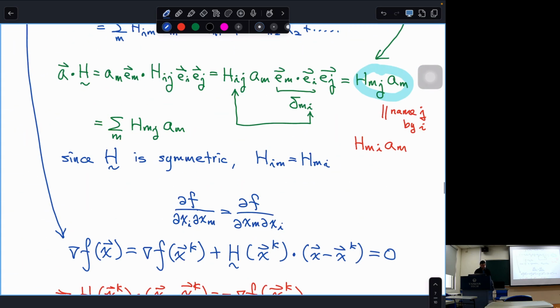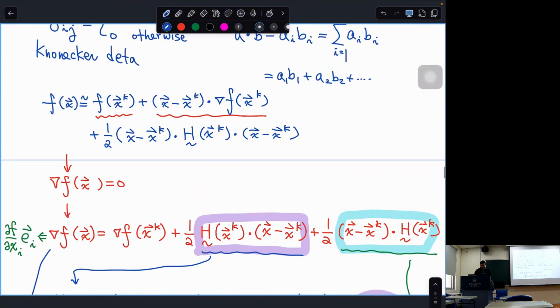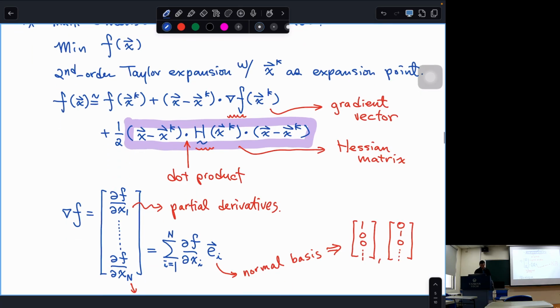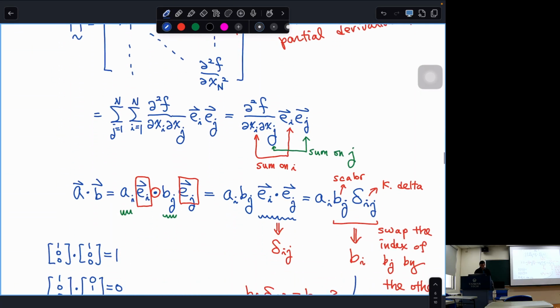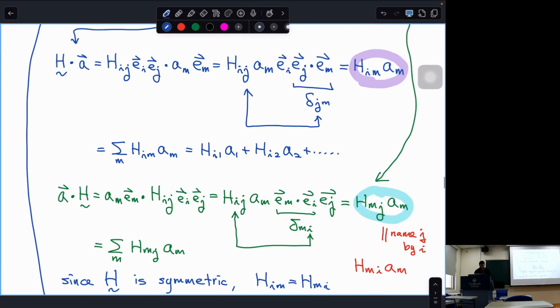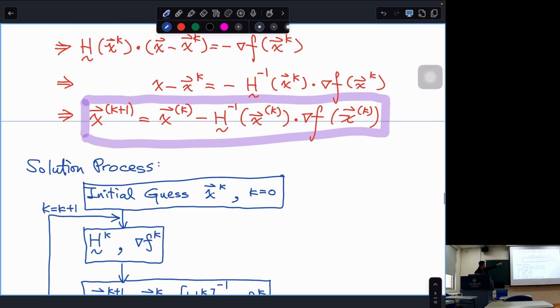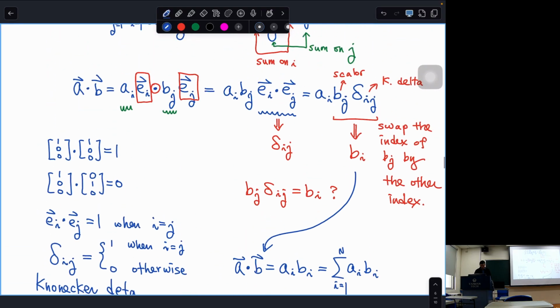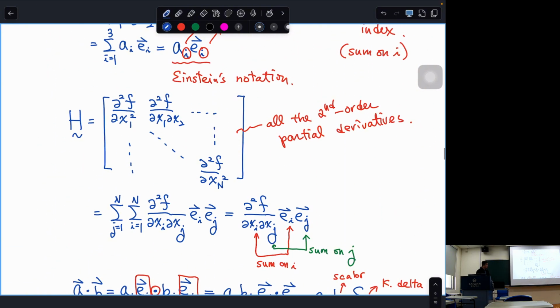So if you can avoid the Hessian in Newton's method... here, this is Newton's method. Remember this guy, the Hessian? The Hessian is a matrix composed of all the second order partial derivative terms.